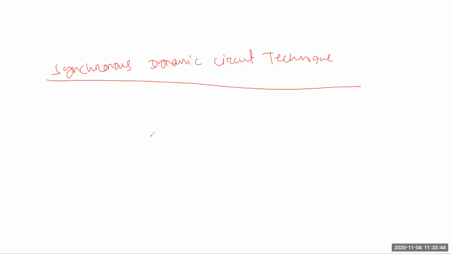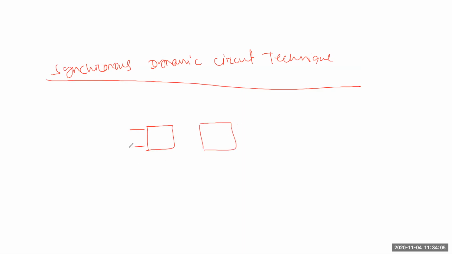Okay, so here, for example, suppose a shift register. Shift register means for every clock, you already know the shift register. Suppose it's a D flip-flop.